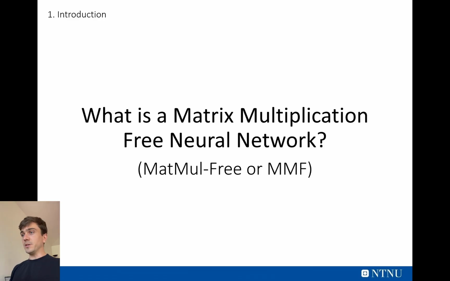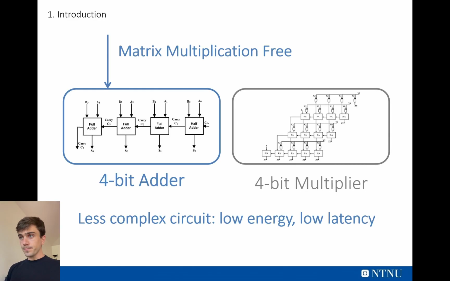What is a matrix multiplication free neural network? So the idea behind the matrix multiplication free neural network is, instead of using multiplications from the chip, to use only the other operations, which are more simple and use less energy.